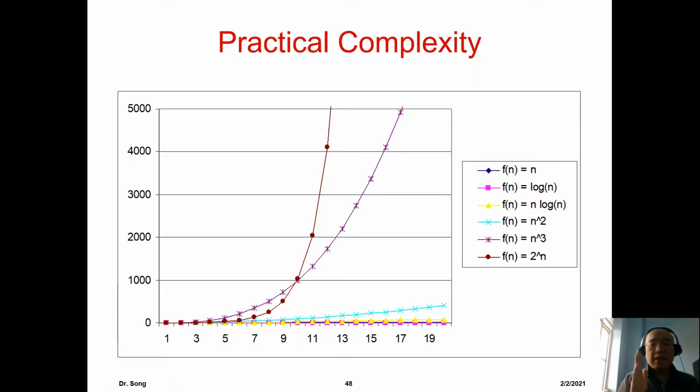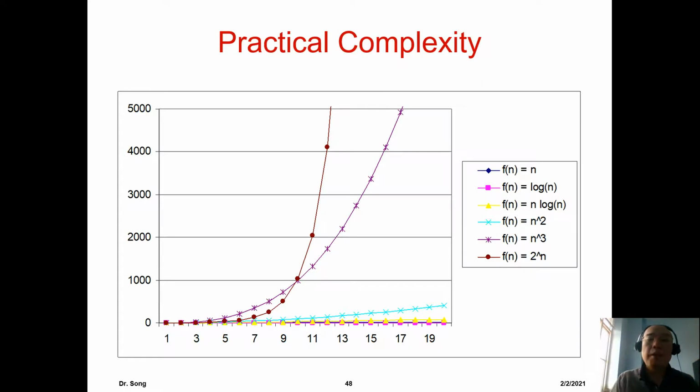We want to find an n0, and after this n0, one polynomial is either the upper bound of this one, or the lower bound of this one. So that is the reason we are discussing n0. We don't want to start from 0. We want to start from an n0, so that one polynomial is always an upper bound or a lower bound of the given polynomial.